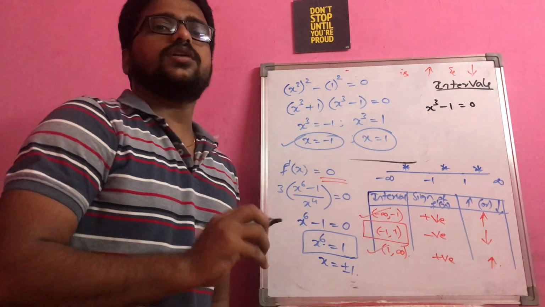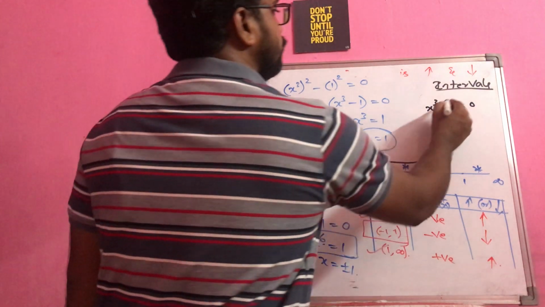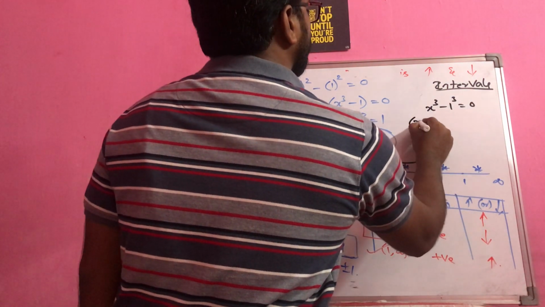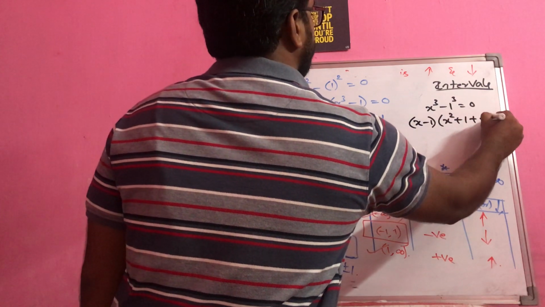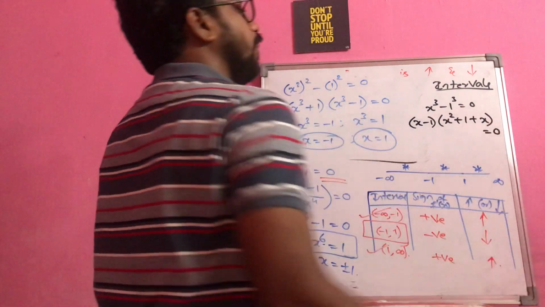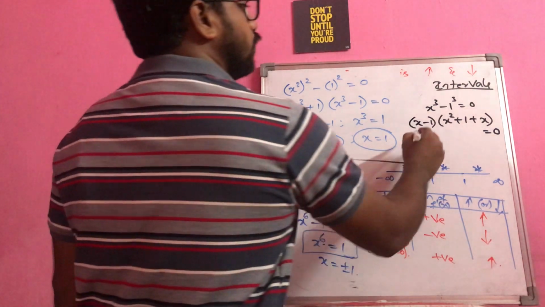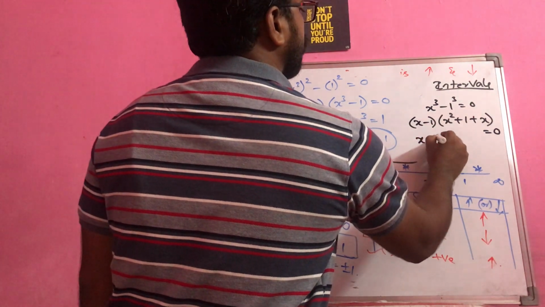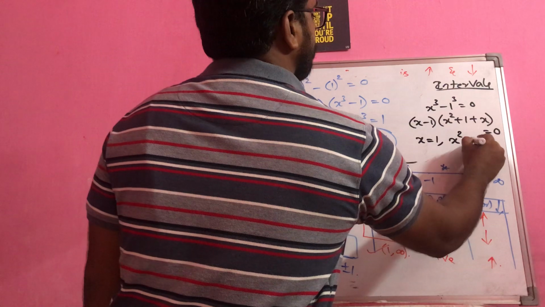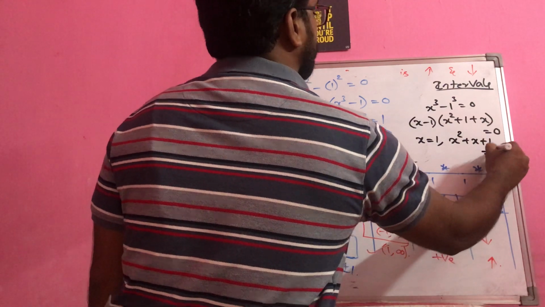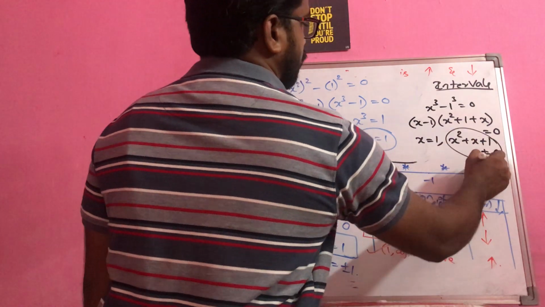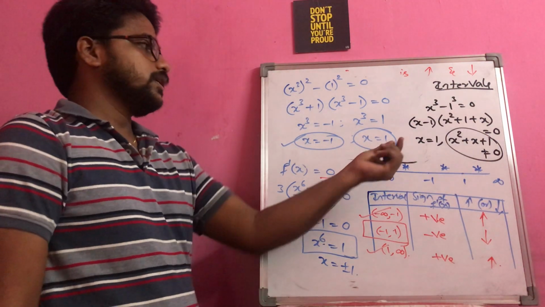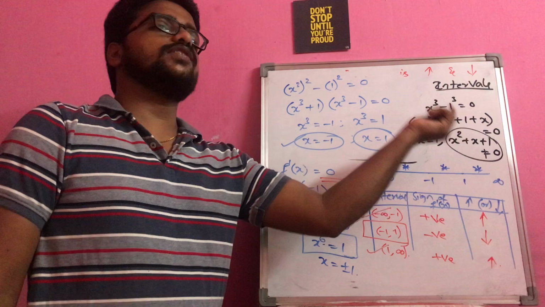For this case you won't get a plus or minus, because in the a cube minus b cube formula, a minus b into a square plus b square plus ab is equal to 0. So if you see here, x is equal to 1 is the first case, and x square plus x plus 1 is equal to 0. This case is impossible, because x square is always greater than x.